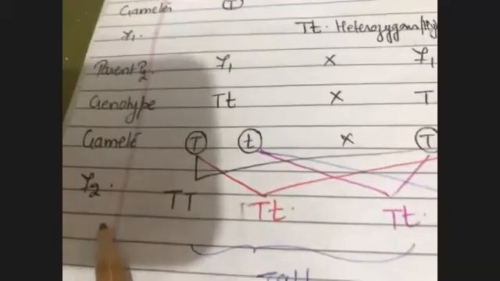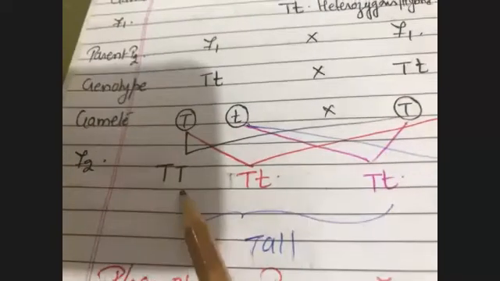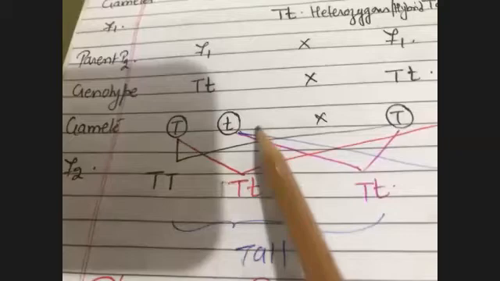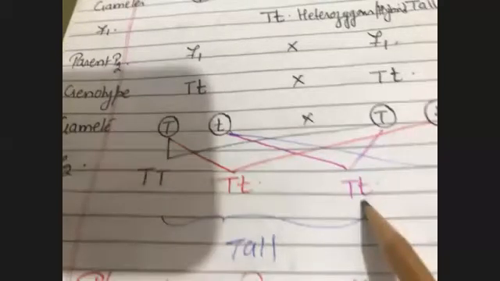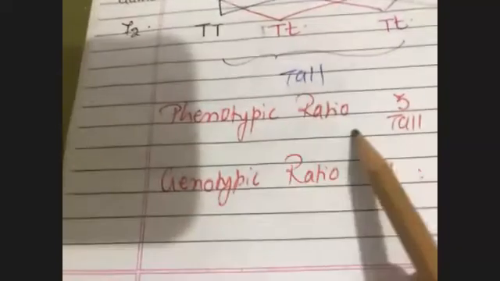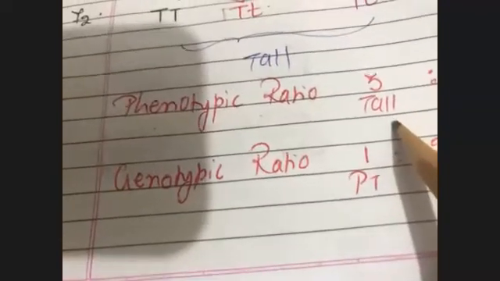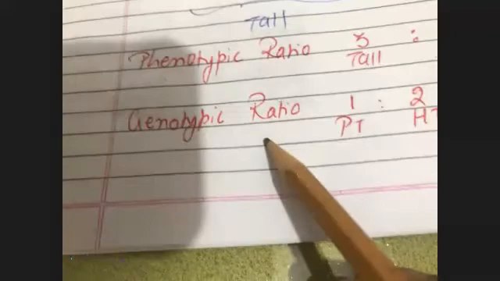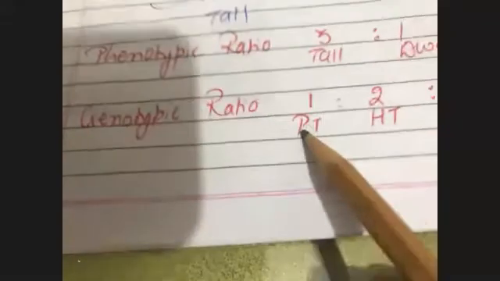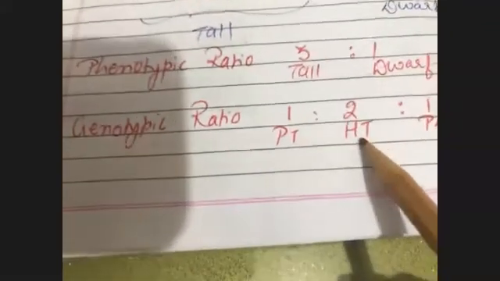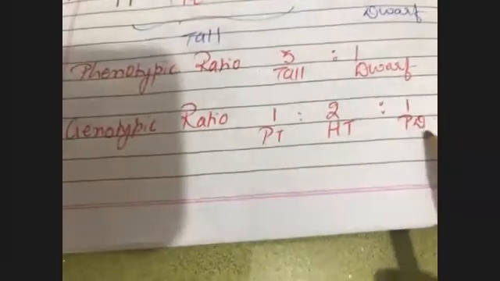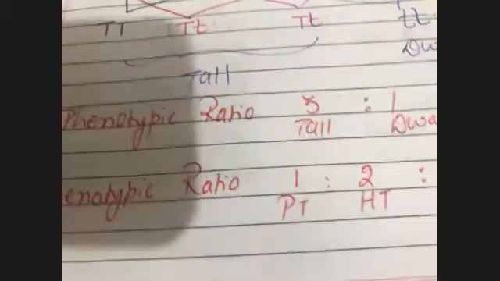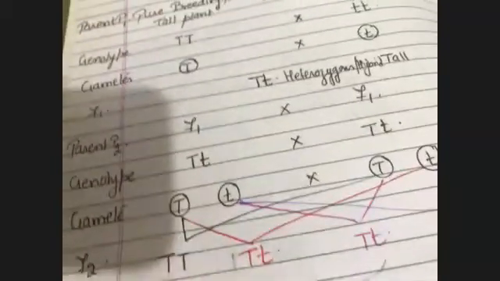F2 generation shows capital T, capital T, capital T, small t, capital T, small t, small t, small t. So the phenotypic ratio is 3 tall to 1 dwarf. The genotypic ratio is 1 pure tall, 2 hybrid tall, 1 pure dwarf. Clear? That is something pertaining to monohybrid cross.